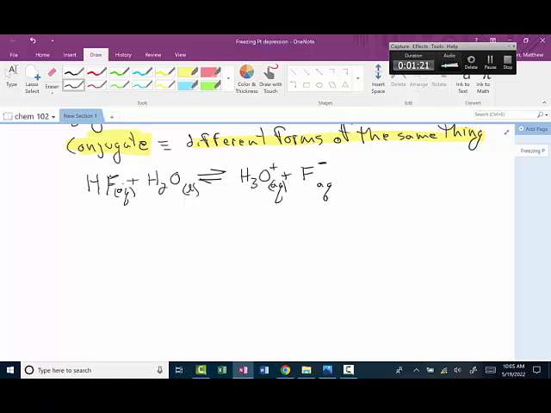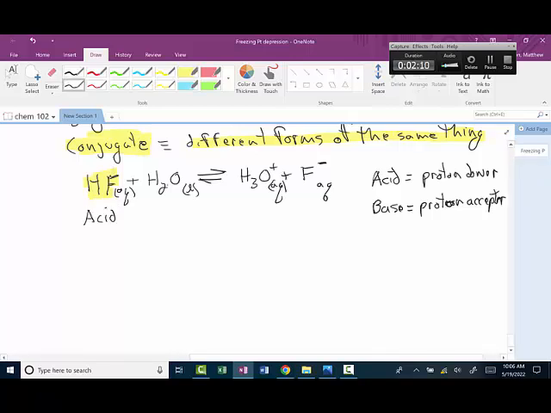Remember, an acid is a proton donor, and a base is a proton acceptor. So in this reaction, we look at which one lost and which one gained a proton. It's pretty obvious that HF lost a proton, so it is the acid, it donated it, and water in this case is the base because it accepted a proton.